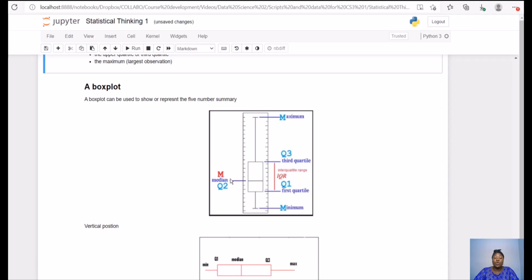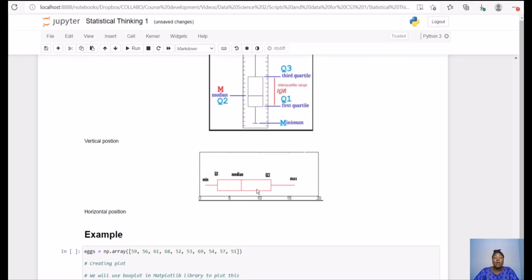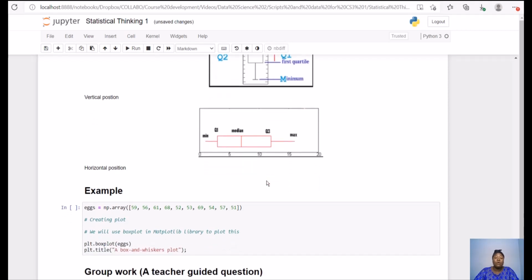You have the middle value to be Q2, and this is the interquartile range for the vertical position of the box plot. Or you could also have a horizontal position for the box plot. They represent the same thing, and you can always get the same result from them.